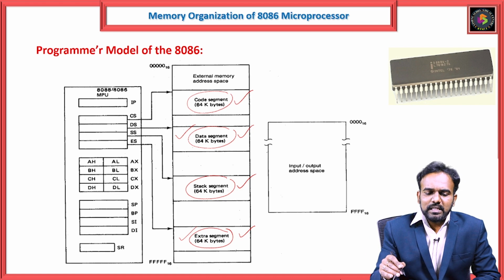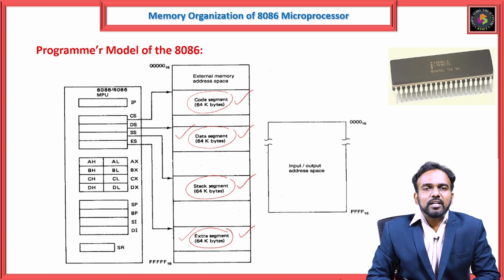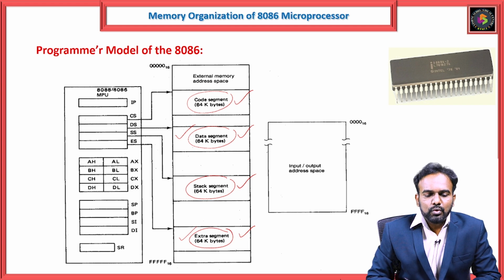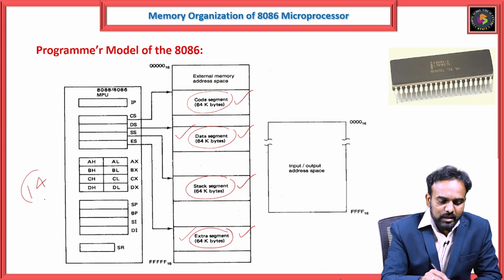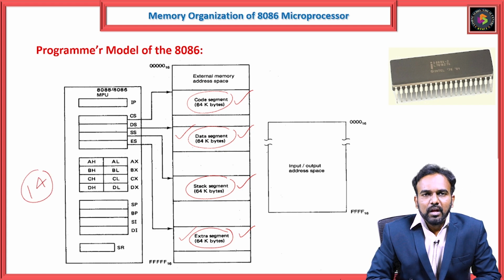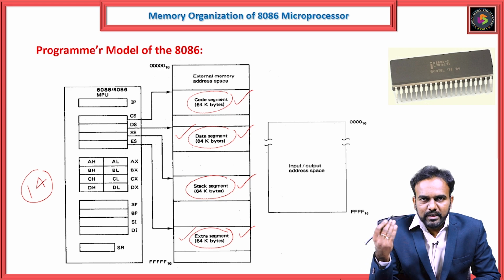Now, how to access the data from these 4 segments. For that, programmers must know that the 8086 microprocessor has 14 registers in total. Out of these 14, some are general purpose registers, some are pointer and index registers, some are segment registers, and there is a flag register.